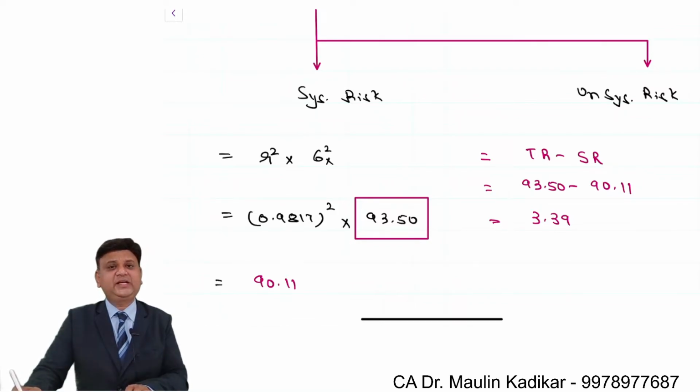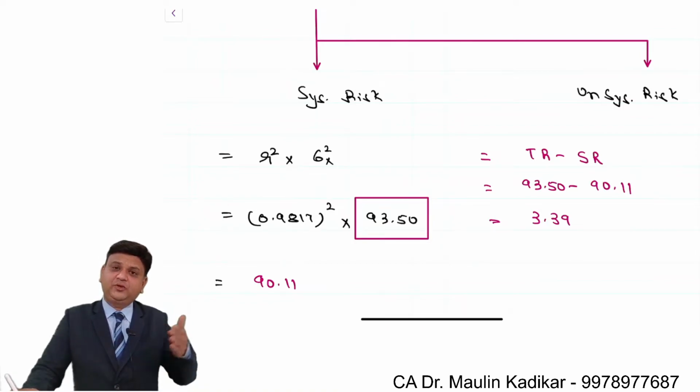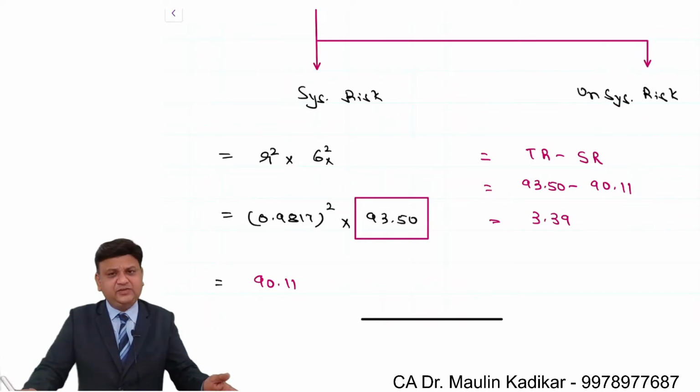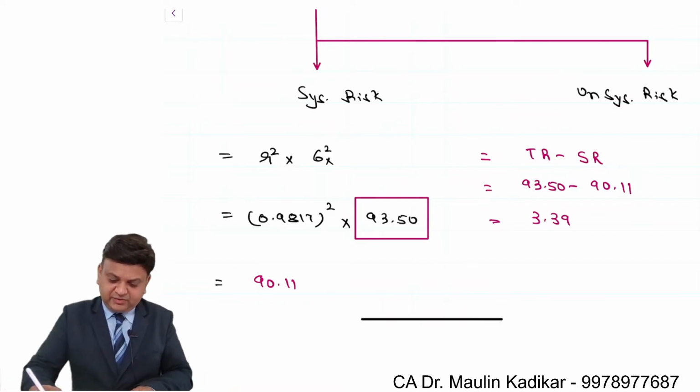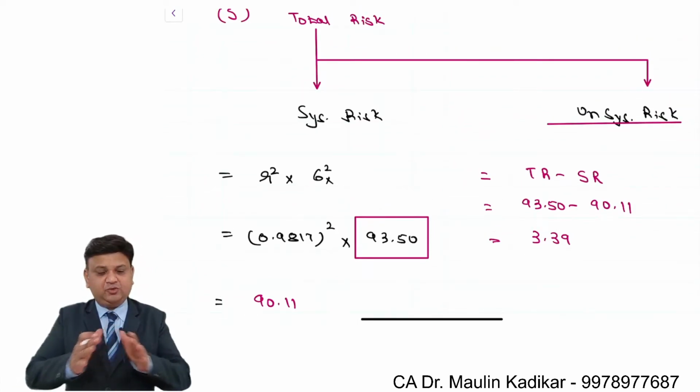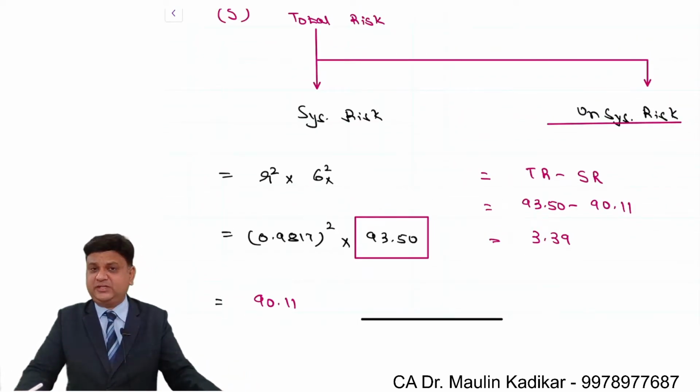Of course, the term unsystematic risk stands for that portion of the total risk of the portfolio which is due to the company's own inefficiency. That is a unique risk, that is diversifiable risk. This is the portion of the risk which can be eliminated with proper diversification. This is the way the total risk is bifurcated into systematic and unsystematic risk.